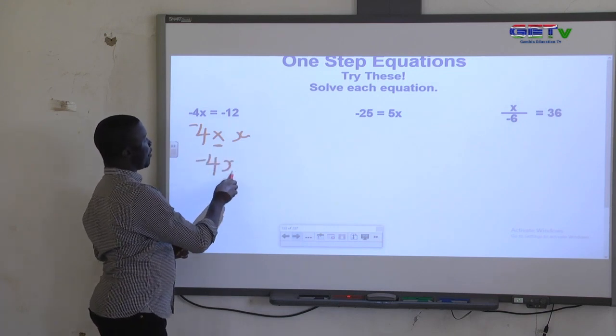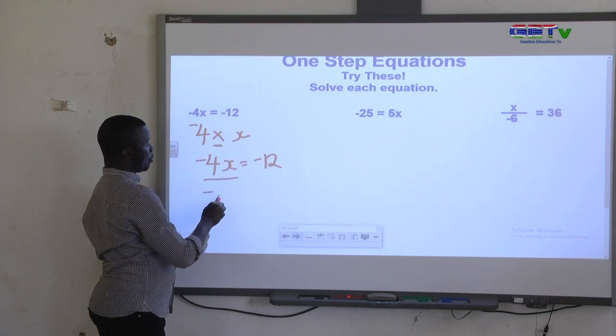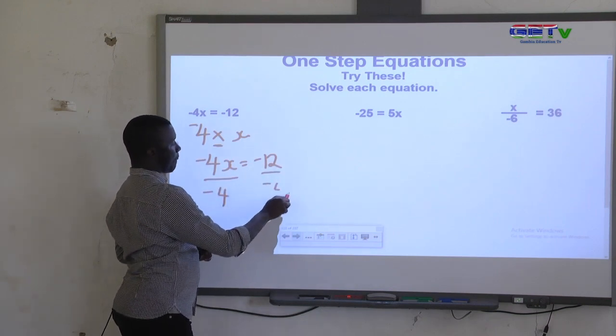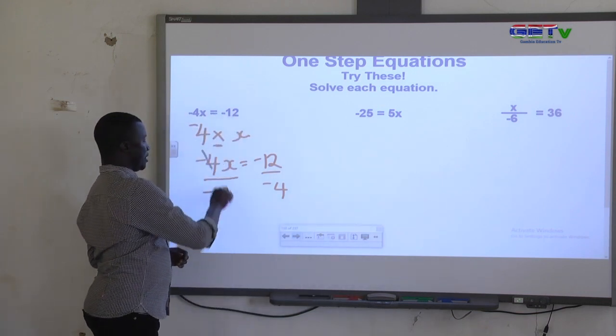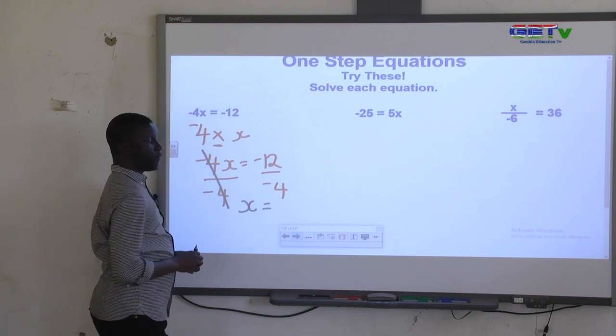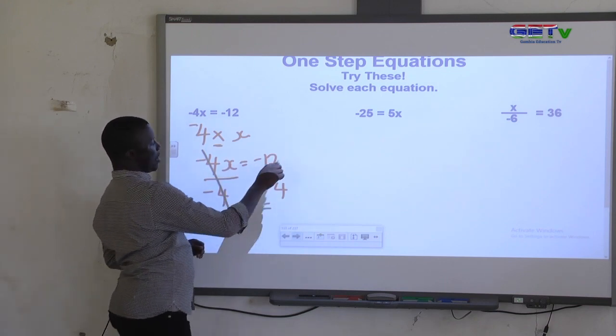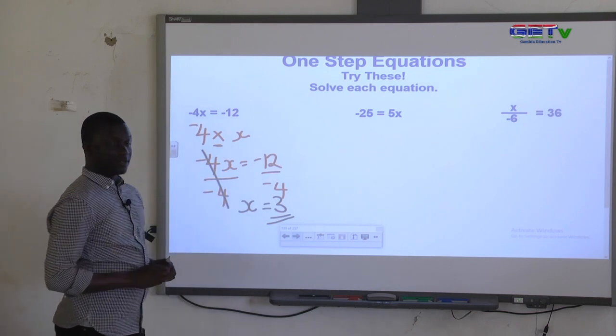We therefore divide both sides by negative 4, and as you can see, negative 4 undoes negative 4. So x therefore equals 12 divided by negative 4. We have 3 as the answer.